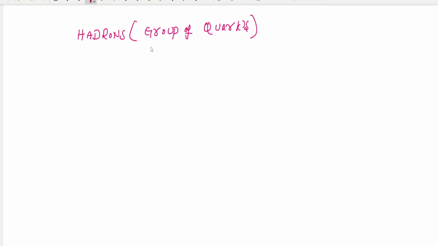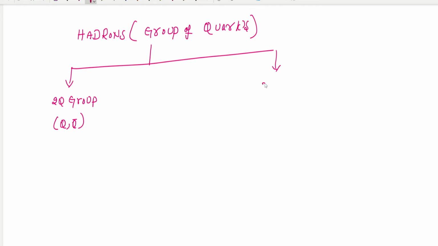We already know these are divided into two categories. Here I'm going to discuss the systematic classification. These are helpful for CSIR GATE exams. Two key groups: here I'm going to denote like this, Q and Q bar. Just remember this. I'm going to discuss each and every group and their properties with you soon.